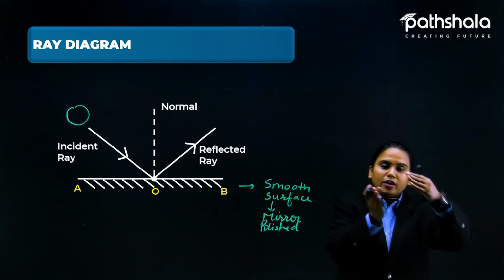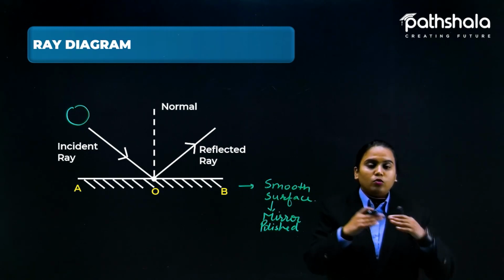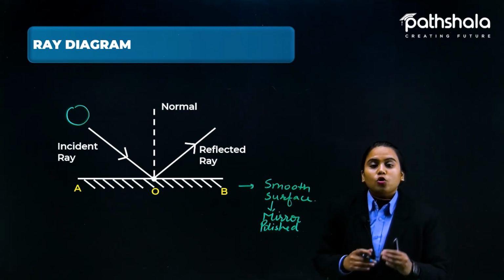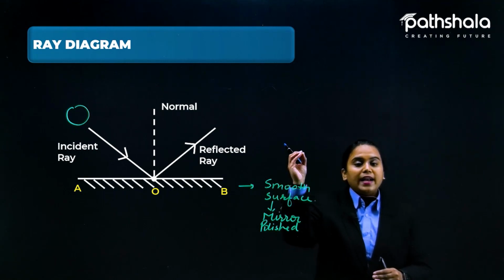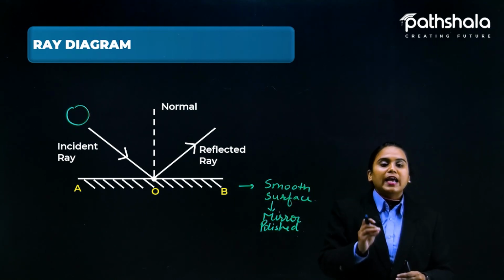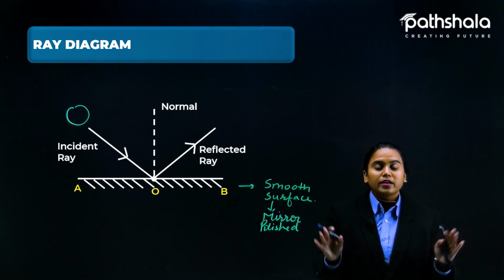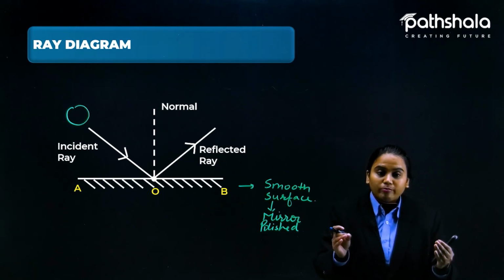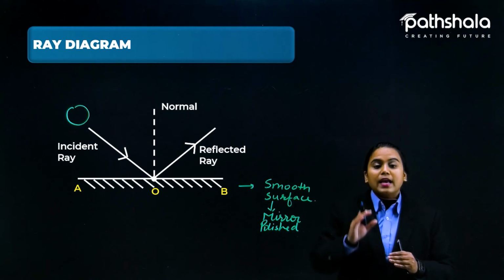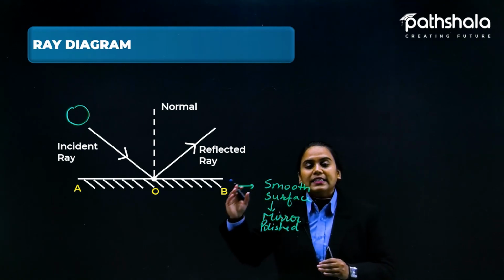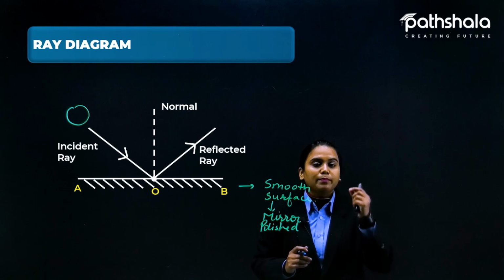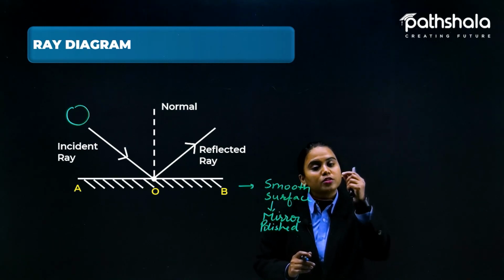Incident means falling on something. From the source, the light which is falling on any object that is not luminous, so that the object could be visible to us, is known as the incident ray. Incident means the falling light from the source.